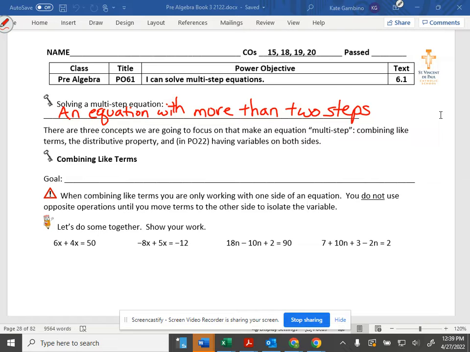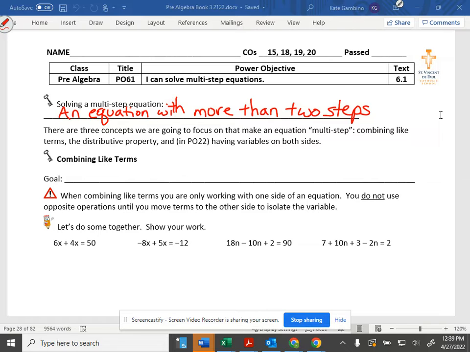And so when we're working with these multi-step equations, you really have to stop and think each step through. Write it down. There is no gold star for doing it in your head. Write it down. It's very important.